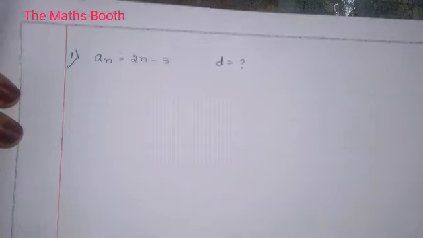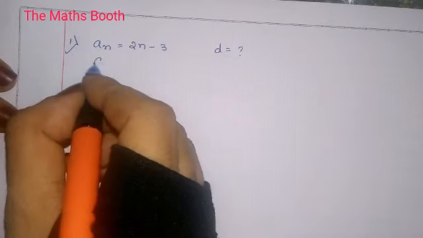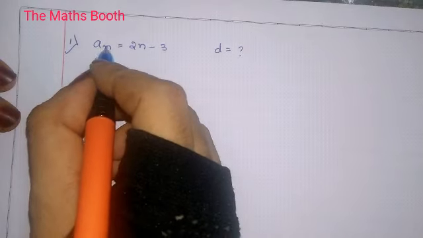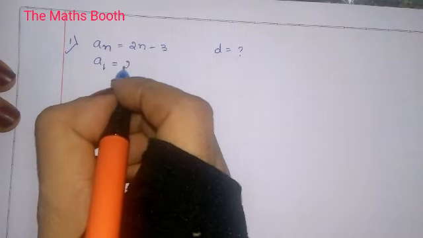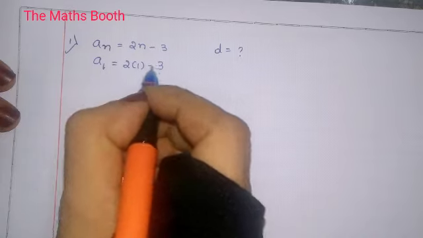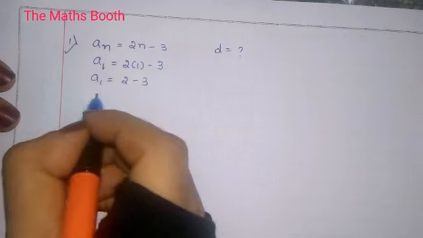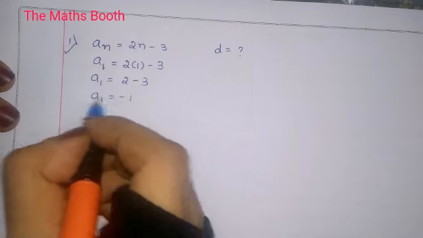How will we find d here? First let us find a1. In place of n we substitute 1. a1 is equal to 2 into 1 minus 3. 2 ones are 2, minus 3. a1 is equal to minus 1.